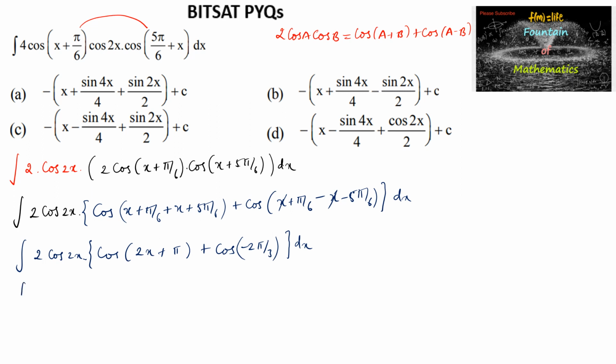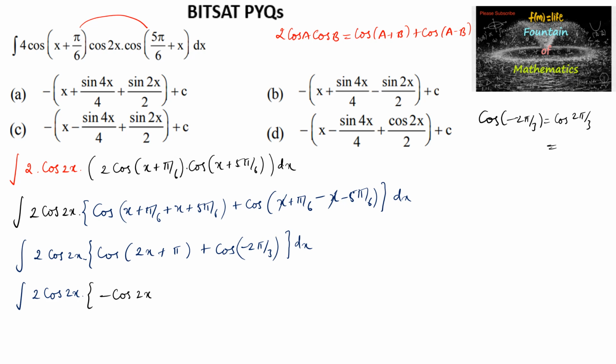So we can write here integral 2 cos 2x into cos pi, which is minus cos 2x, and again cos of negative 2 pi by 3 is cos 2 pi by 3.